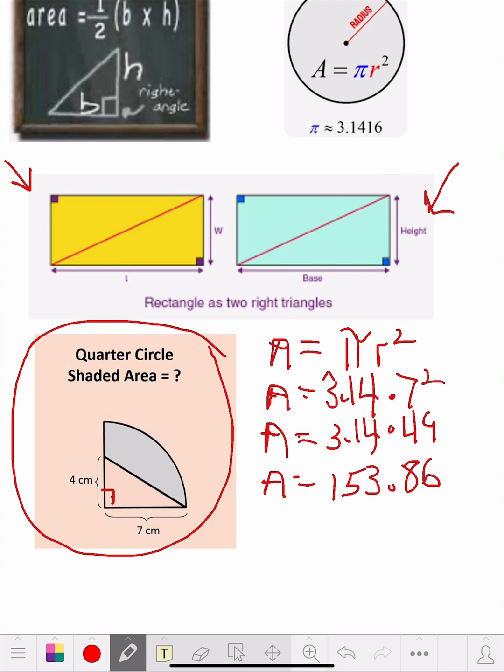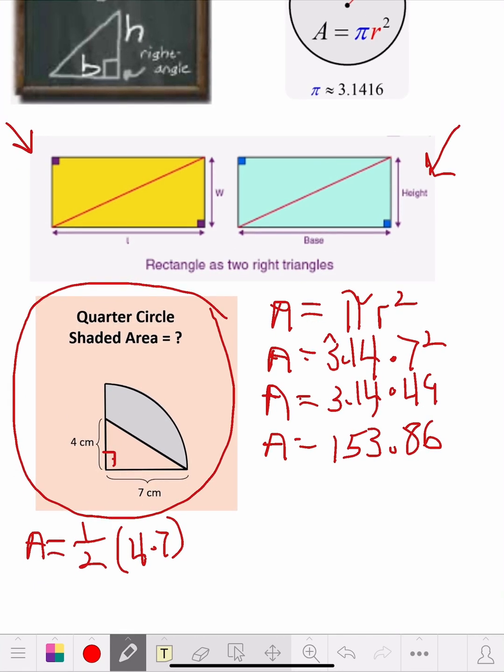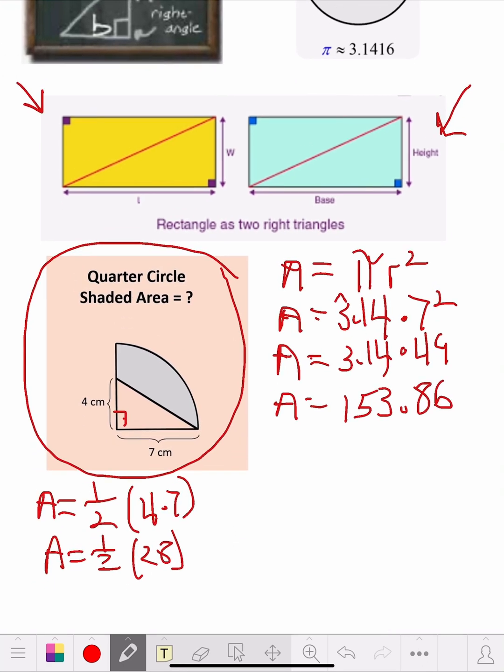So area equals 1/2 BH. That's 4 times 7, which is 28. Area equals 1/2 of 28, so the area equals 14.